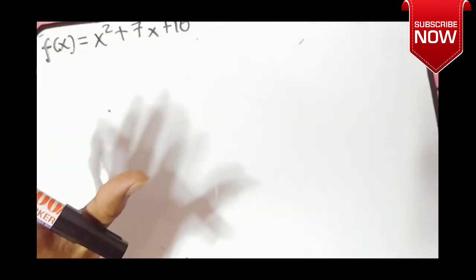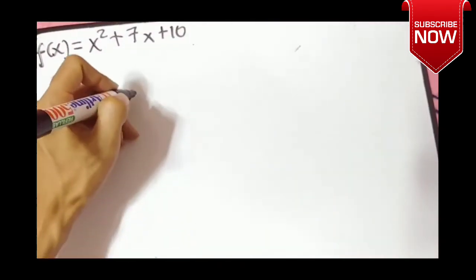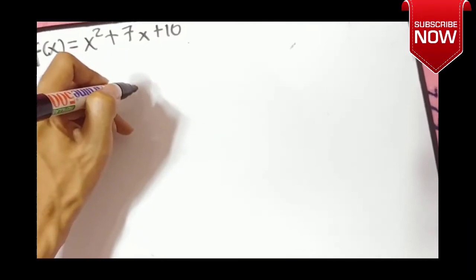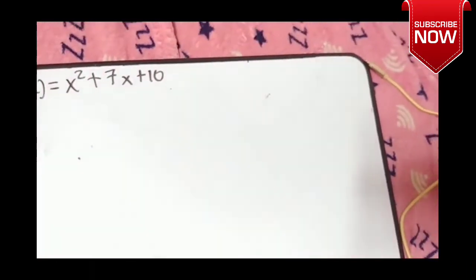Mahaba-haba dahil kailangan pa nating hanapan ng kalahati yung linear term and then square root and then i-add pa natin yung constant term. So, medyo mahaba siya. So, ngayon, ang gagamitin natin dito, either factoring or quadratic formula.